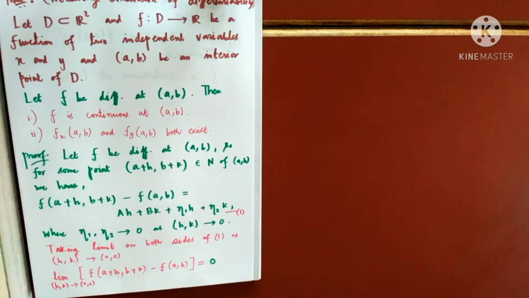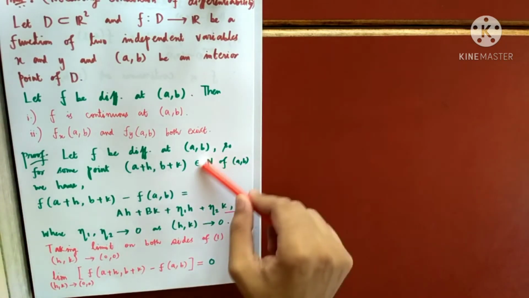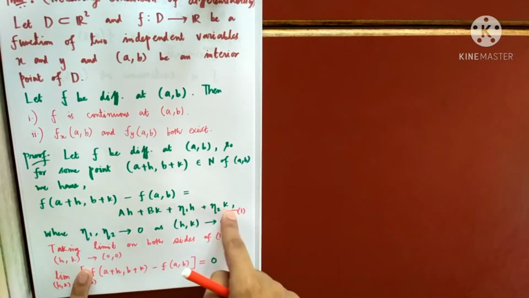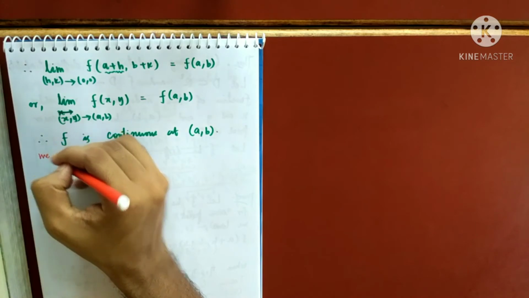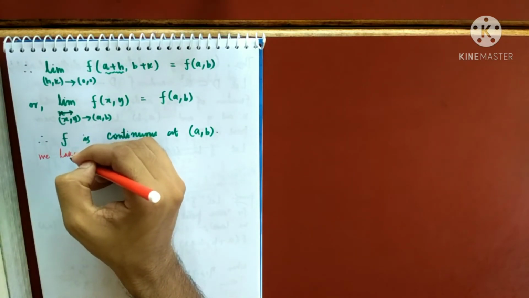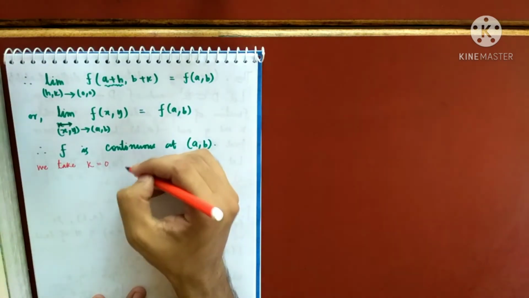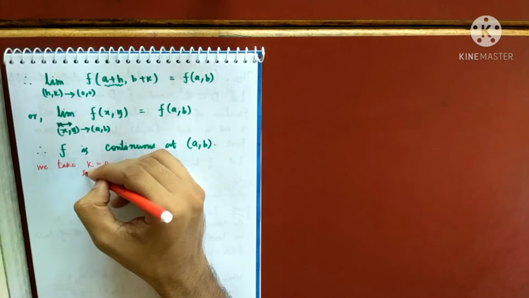I will choose such a point of the form a plus h comma b that belongs to N of a b, and I will put k equals to 0 here, and let's see what happens. So we take k equals to 0 and h not equal to 0 in equation 1.